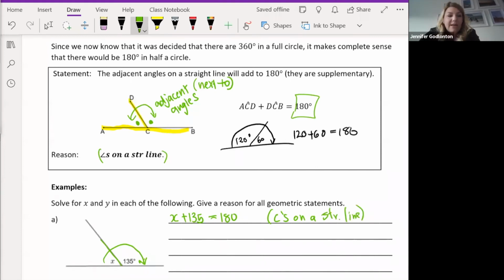Then, solving for x, I'm going to move that 135 over. So x is equal to 180 minus 135, and x is going to be equal to 45 degrees. And that would be the end of this question.